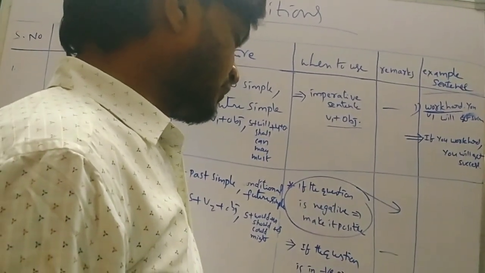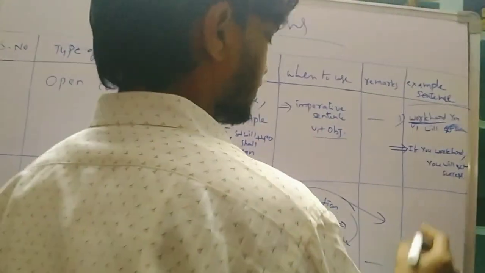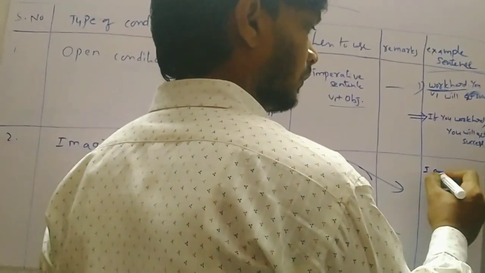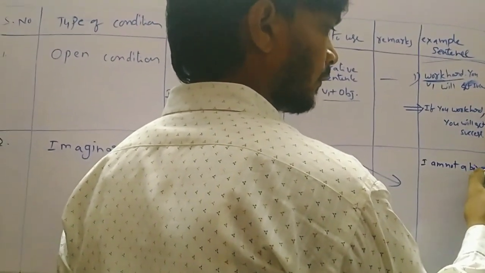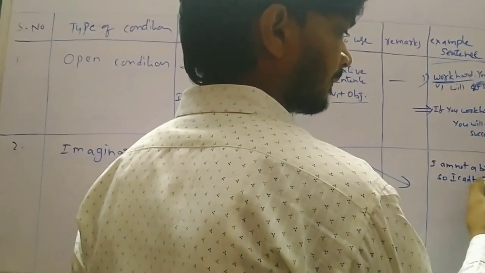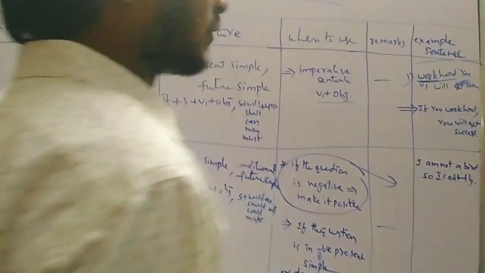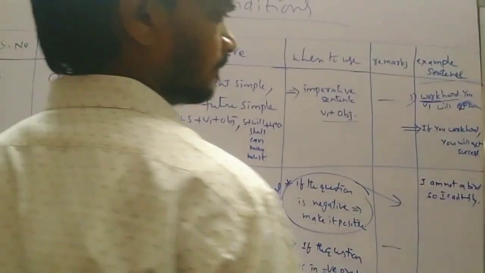Do is for the subjects I, we, you, they. For singulars, he, she, it, Rama. So for example, see here: "I am not a bird, so I can't fly."